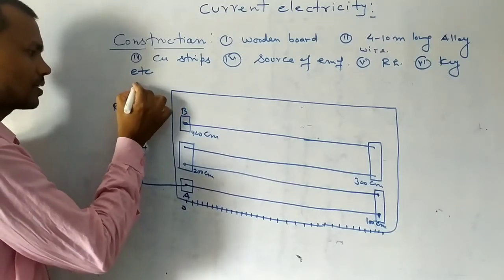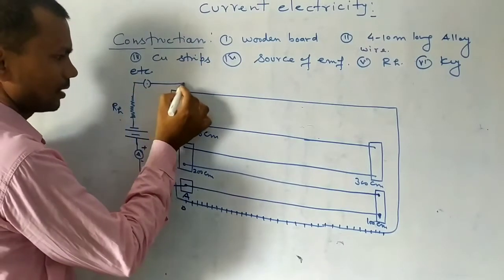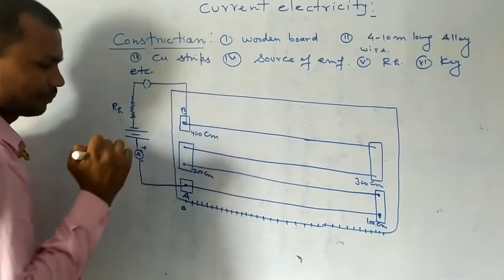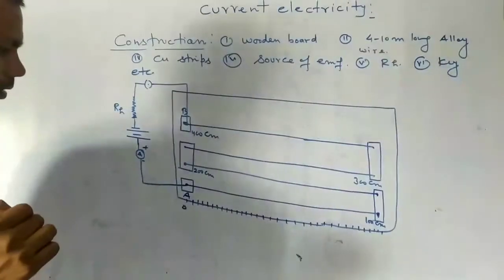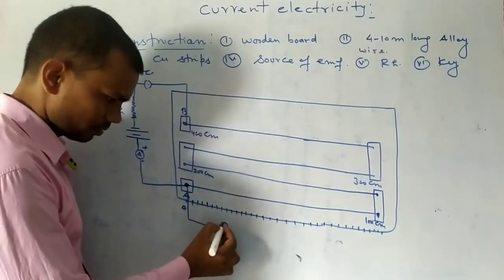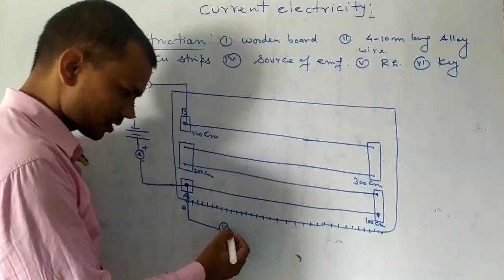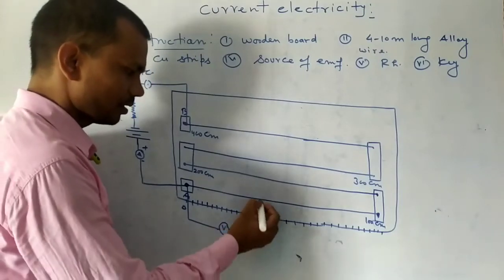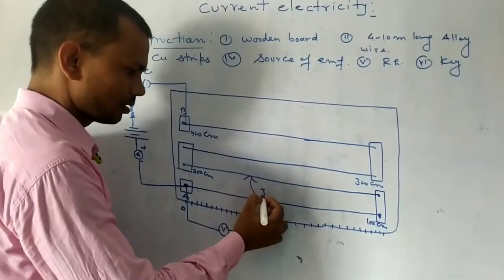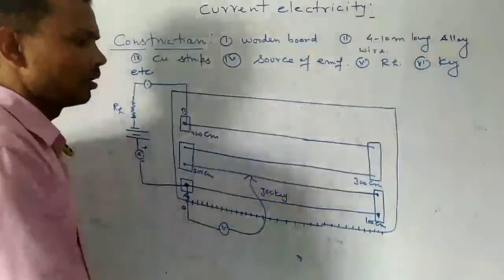Then the rheostat is connected, suppose with one key, and then connected with this point B. Again this point is connected with, suppose, a voltmeter, and the other terminal of the voltmeter is connected with, suppose, the jockey. Jockey means it simply slides over these wires, right?